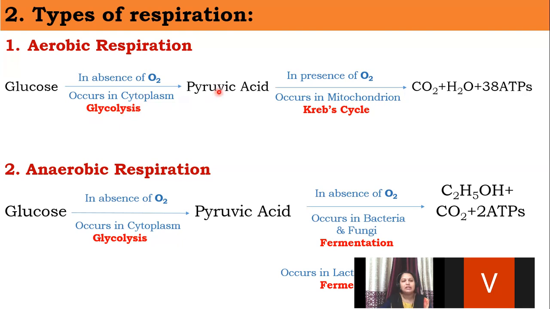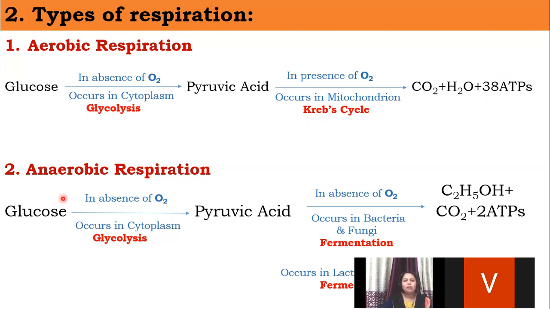Pyruvic acid, which is formed in this reaction, is further converted into carbon dioxide, water, and ATPs, which are the energy-rich molecules, in presence of oxygen, and the reaction occurs in mitochondrion, and this reaction or the pathway is termed as Krebs cycle, which is coupled with another pathway which is called as electron transport system, or it is also called as oxidative phosphorylation. And on completion of these two pathways, there will be generation of energy rich compounds which are ATPs.